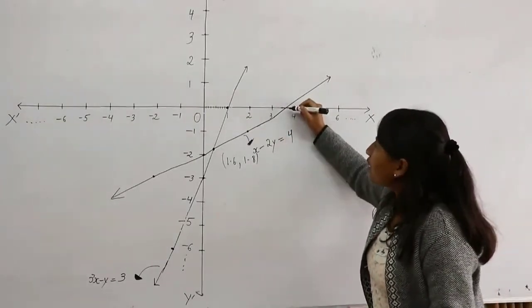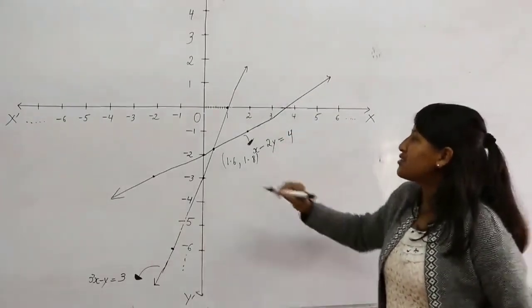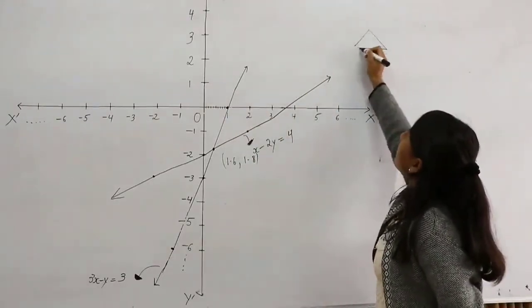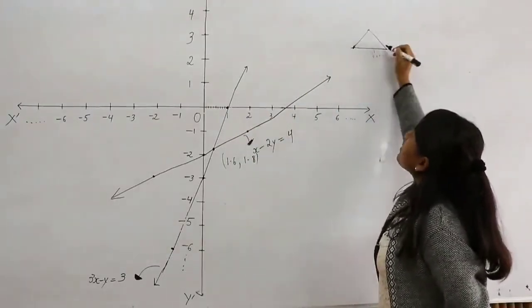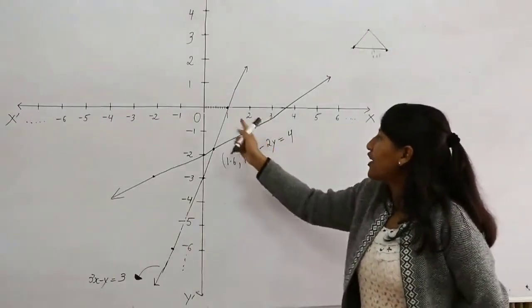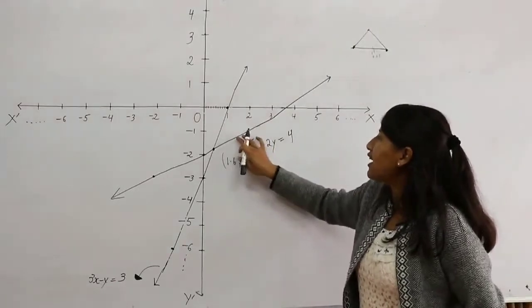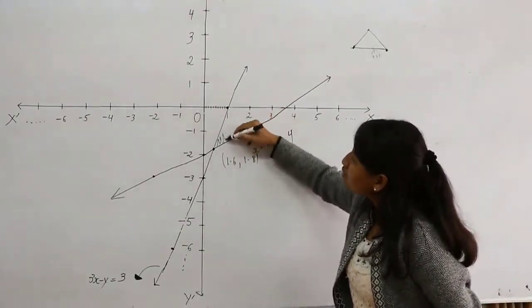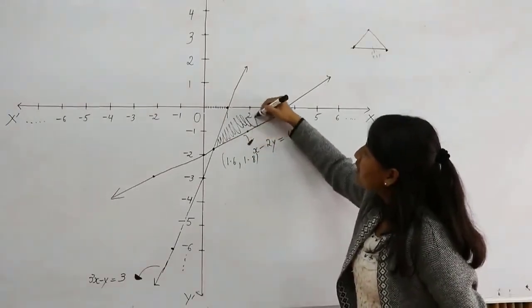Then we have to find the vertices. Vertices means, you know, we have a triangle. These corners are called the vertices. So where is the triangle in this case? Means the lines and the x-axis. This is the x-axis, so this portion is the triangle.